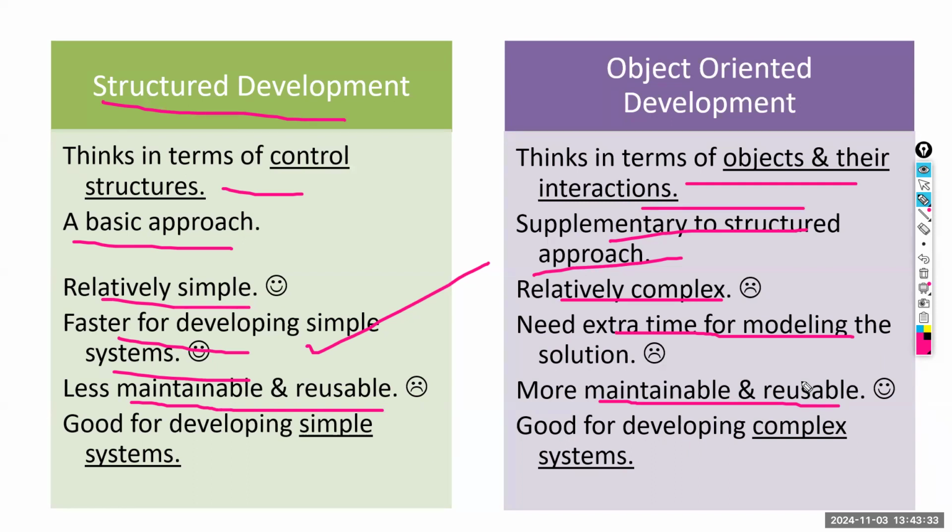Okay. So therefore, if you need to develop a simple system, quickly go for structured. But if you want to develop a complex system with long-term modifications and so on in mind, it's worth developing it using object-oriented ways. It will take more time, but that is going to pay off later.